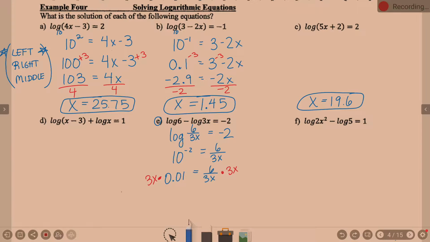3x times 0.01. What is 3 times 100? 300. Or in other words, 0.03x. You can multiply, right? Just tack the x along. So 0.03x equals 6 because your 3x's will cancel.